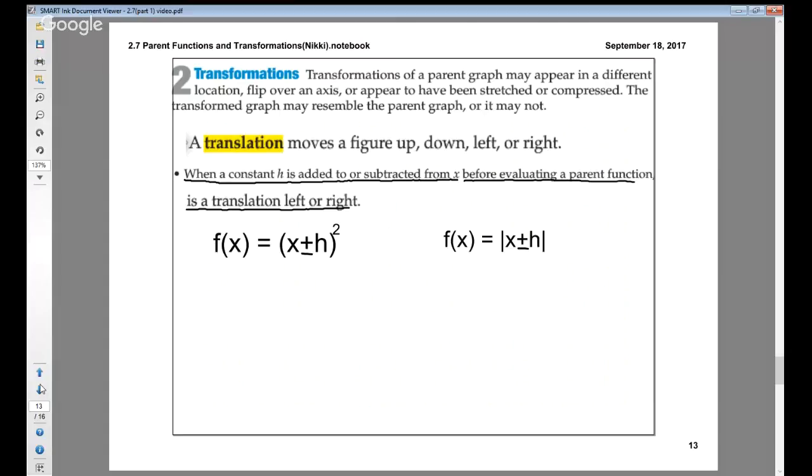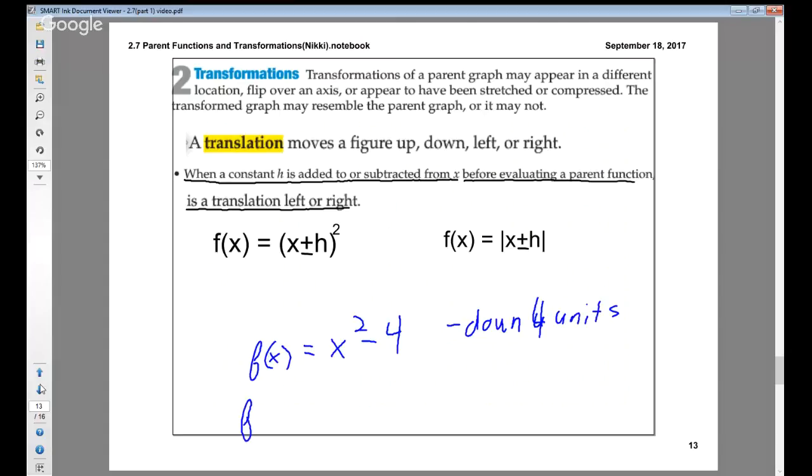Now, the thing I want to mention is if you looked at the previous functions that we just graphed, like for example, f of x is equal to x squared minus 4, we saw that the minus 4 told us that we were going to move down 4 units.